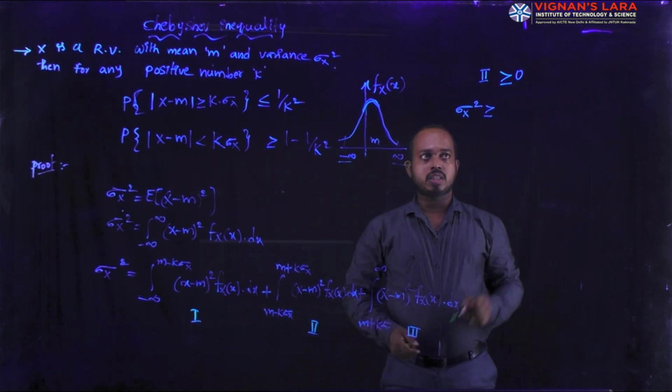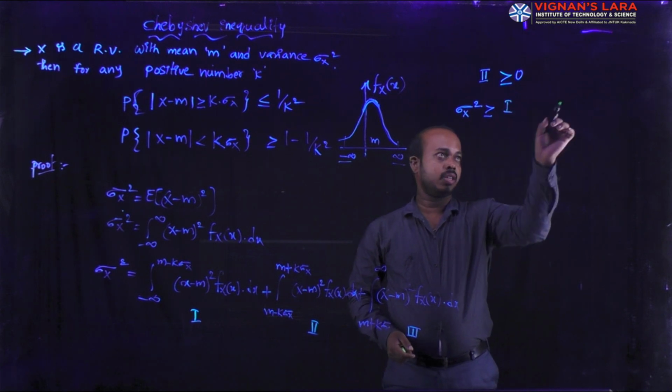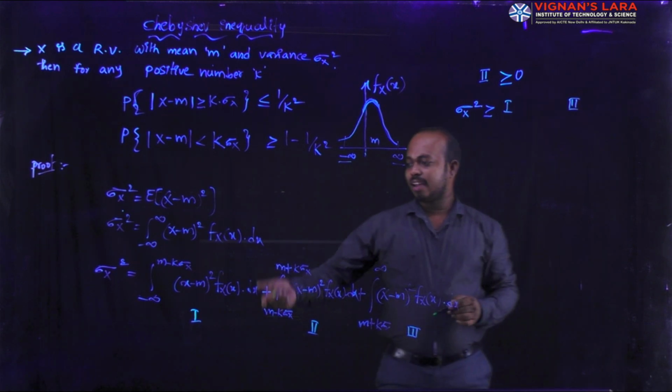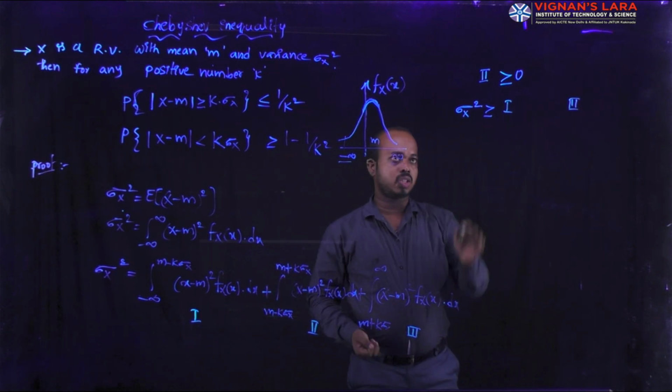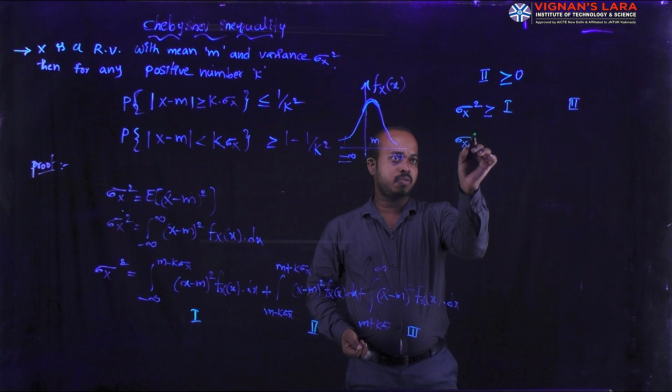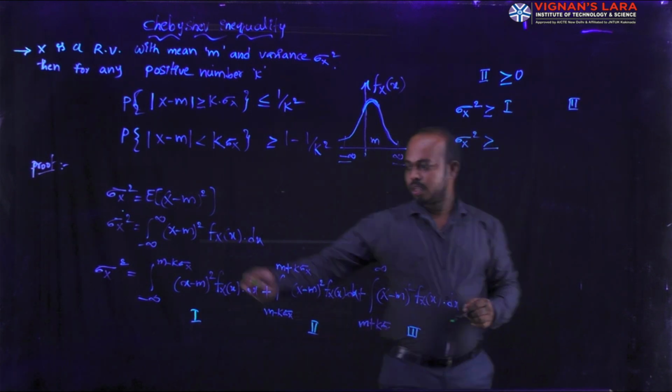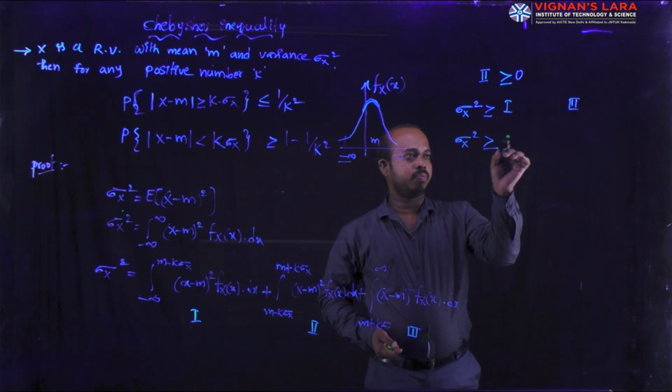Coming to the remaining terms, the first term and the third term, they have intervals. Those we write in terms of probabilities. Sigma_X square is greater than or equal to, here I am mentioning the values of x.